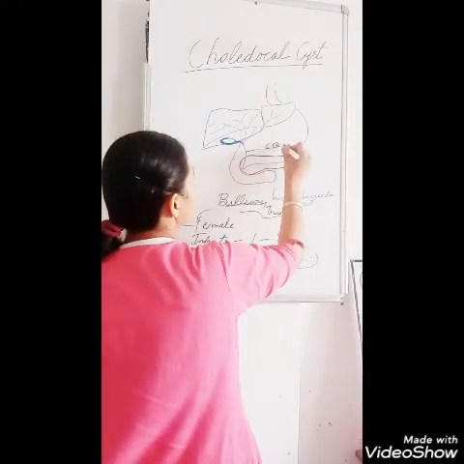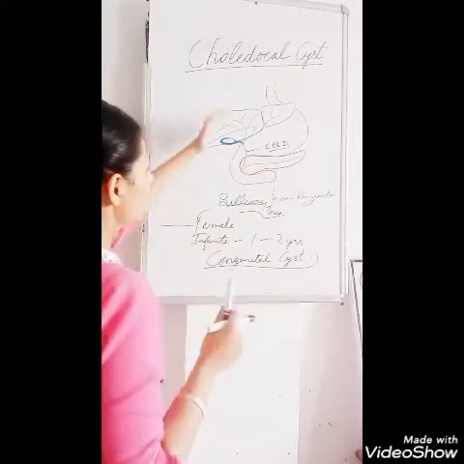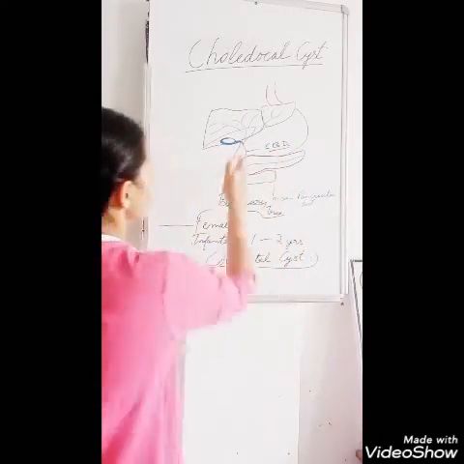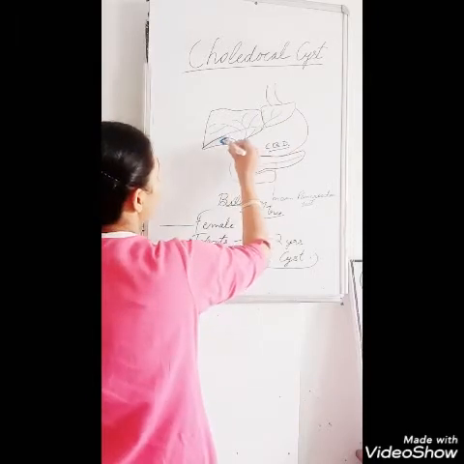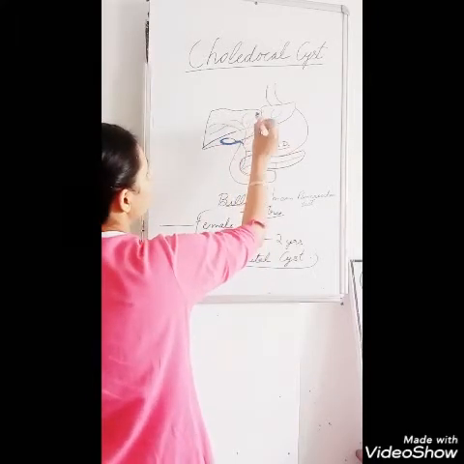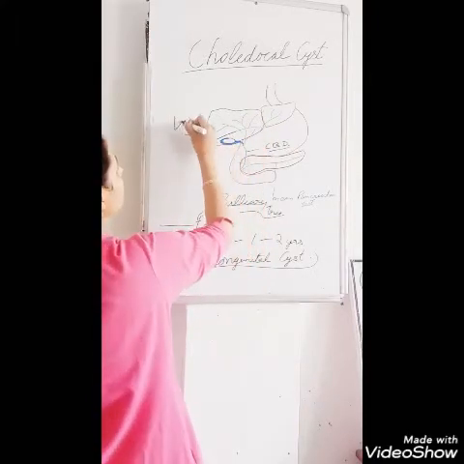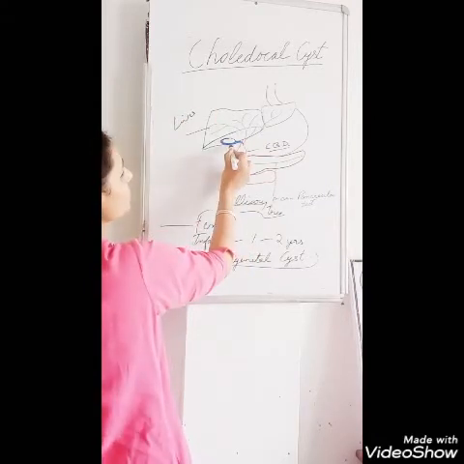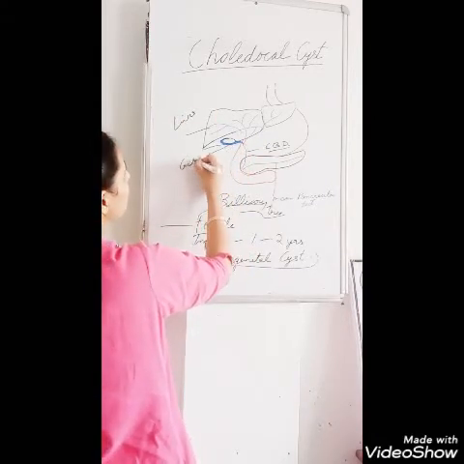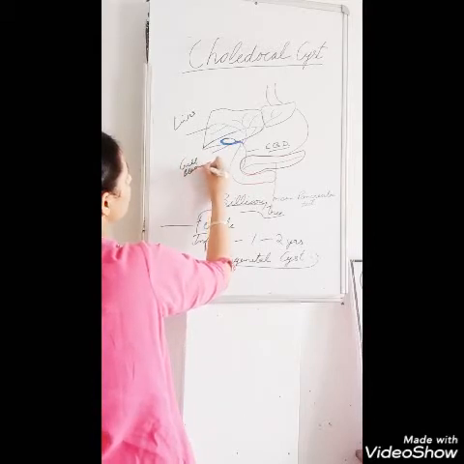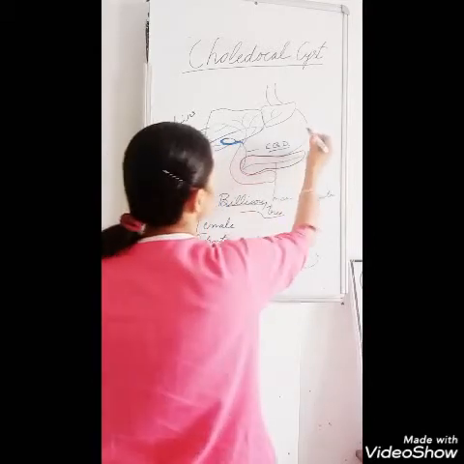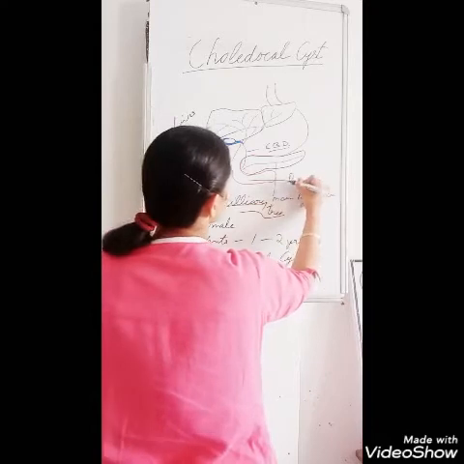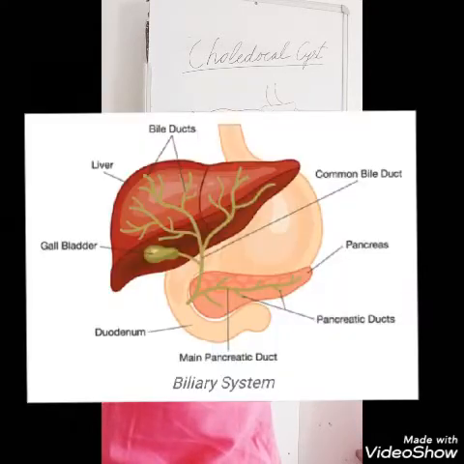This is the network of the bile ducts. These are the ducts in the liver. These are hepatic ducts. This is liver. This is gallbladder beneath the liver. This is stomach. This is duodenum. And this is pancreas.